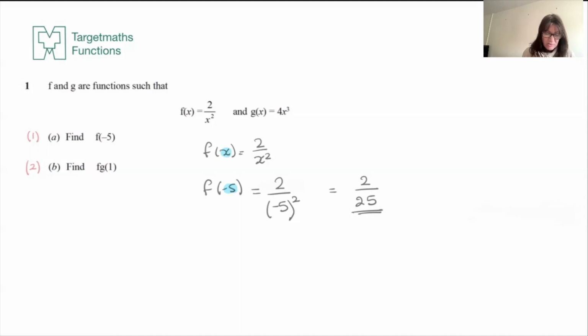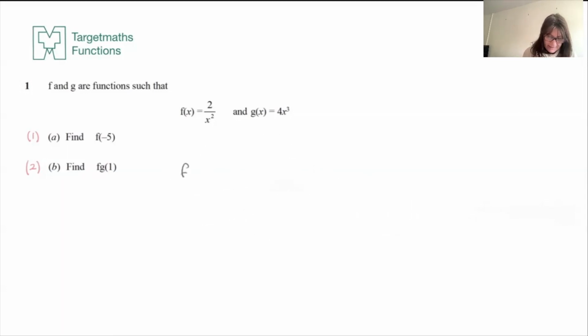The second question is where things start to ramp up, okay? What they're asking when they have got the functions of f and g combined, and in this instance, they're telling us to use the number 1 as our starting point for this question.